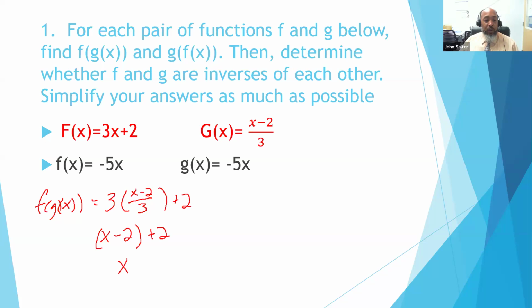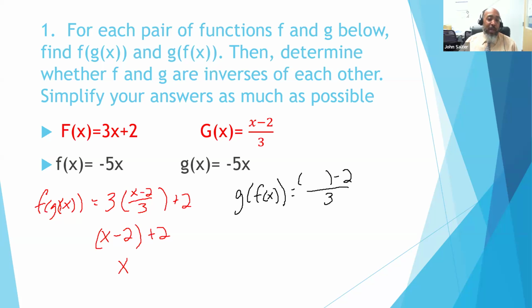Now I'm going to do the g of f of x. So g of f of x is the same thing backwards. My outside function is g, so it's going to be some value x minus 2 divided by 3.